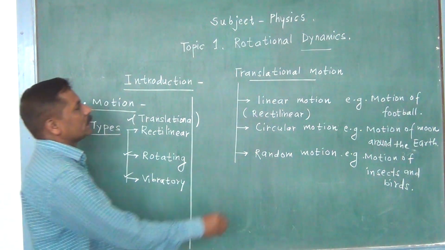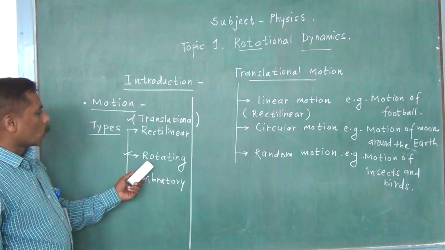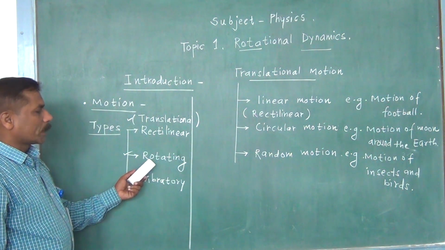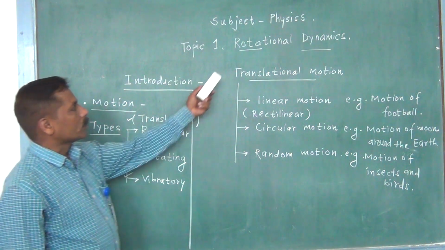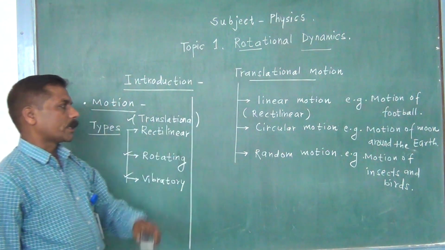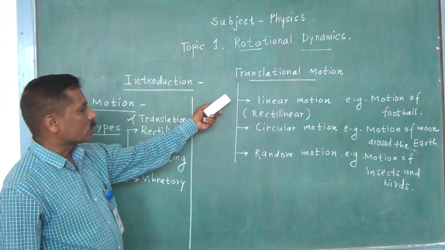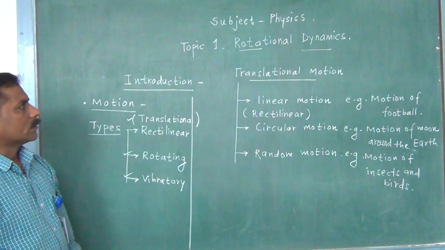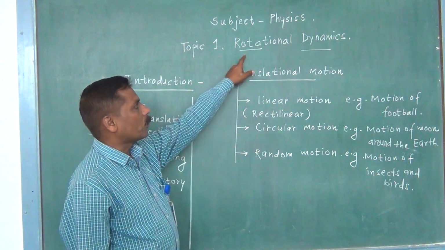You will find these rotational. This is nothing but the rotating motion. This is the second type that we want to discuss here, that is the rotational motion. In case of the translational motion, we have seen the classification of this. Now here the name itself gives idea about that.